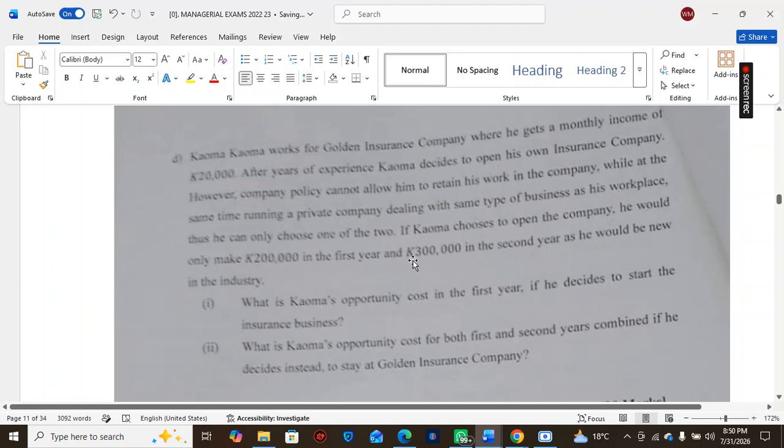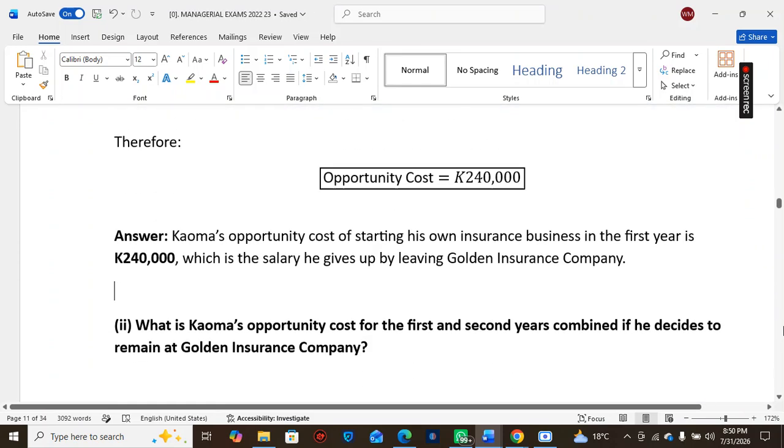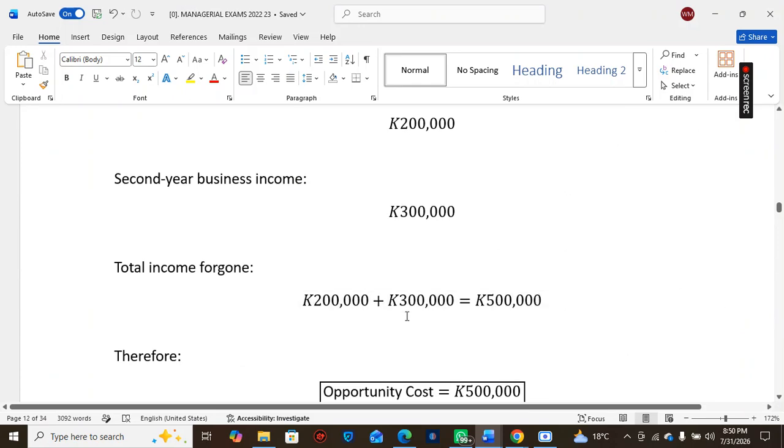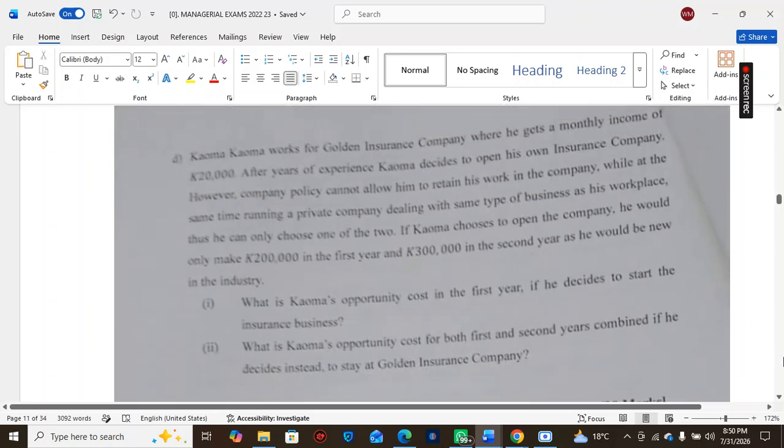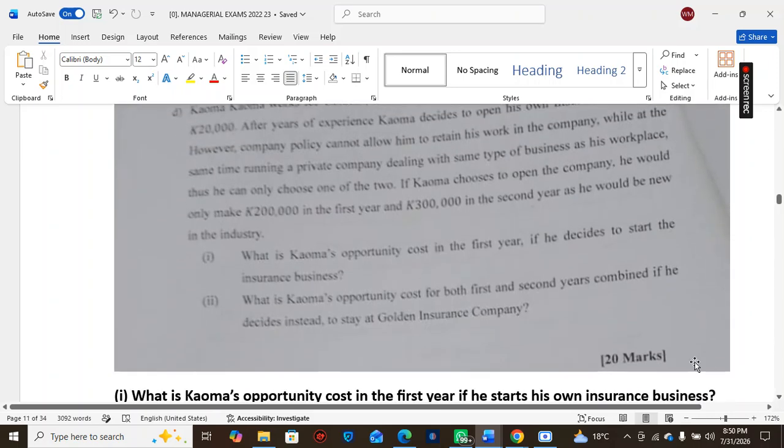So combined in total, it's 500,000. That's the opportunity cost: the 200,000 in the first year and the 300,000 in the second year. So the total opportunity cost is 500,000.